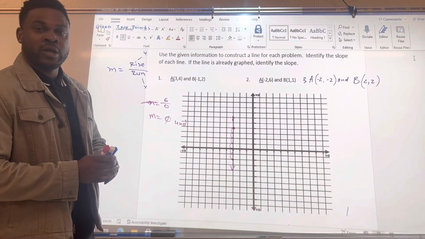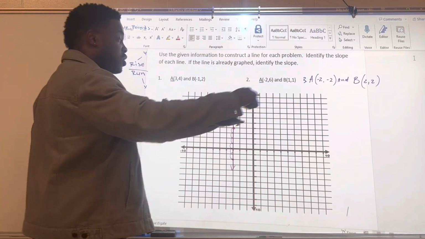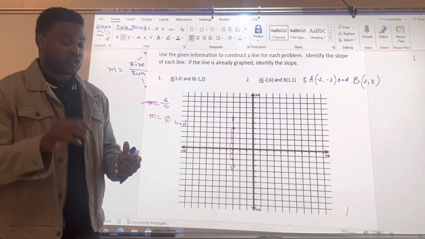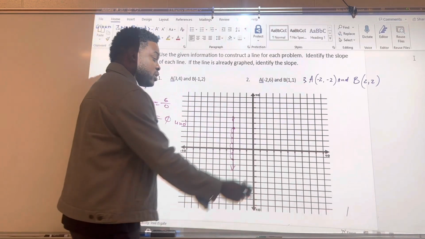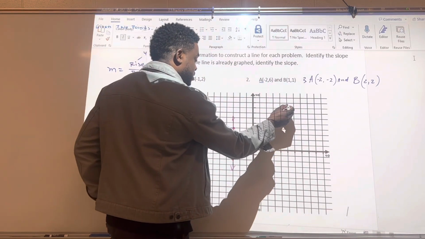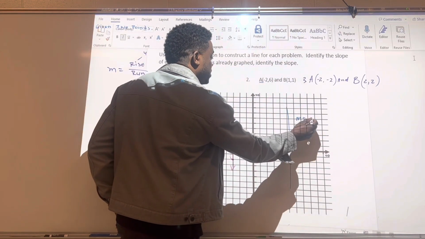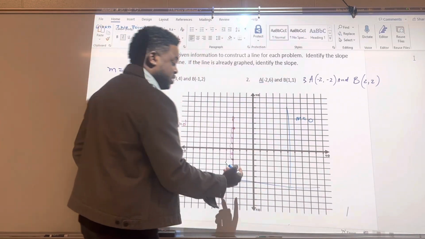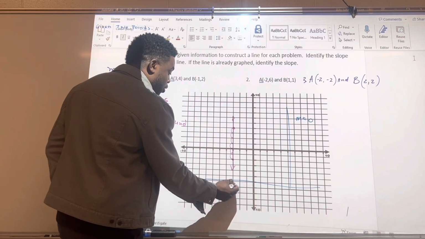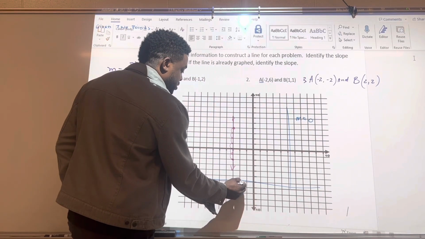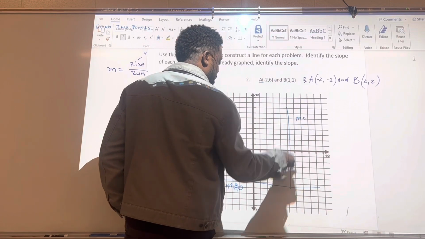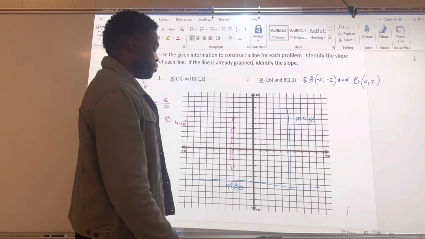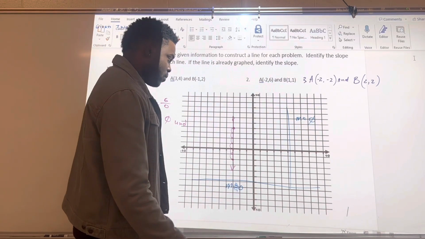And if you notice that you have a line crossing the y-axis, you can say that your slope is 0. I'm sorry, this one, my slope over here will be undefined, and my slope over here will be equal to 0. All right, thanks for watching.